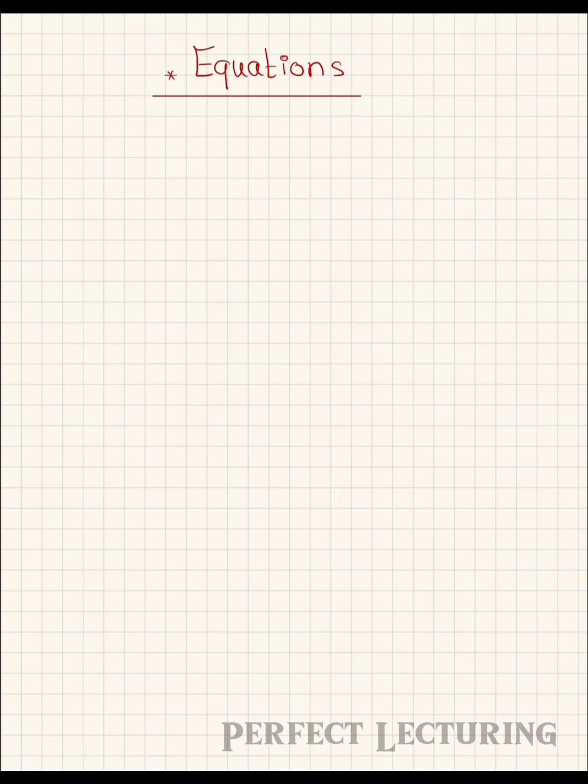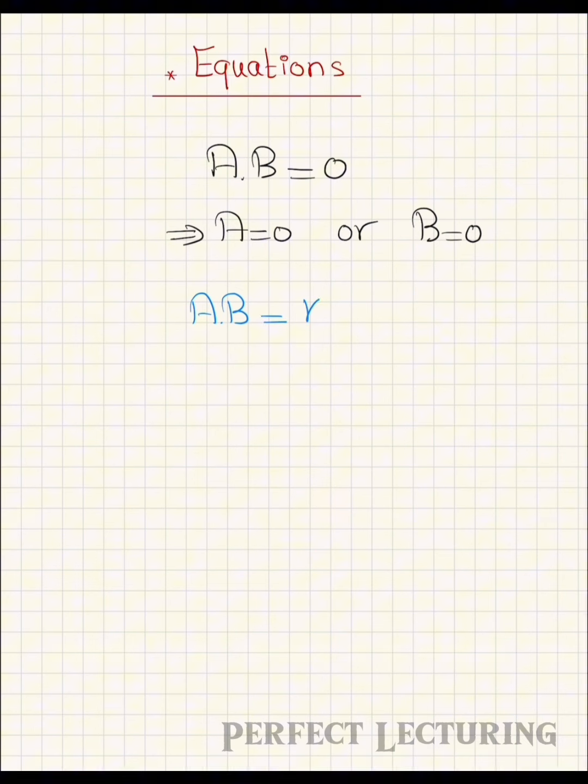The next mistake is in equations. So if we have a times b is equal to 0, if I multiply two factors and the answer is 0, then of course either a is equal to 0 or b is equal to 0. However, if a times b is equal to some k which is not equal to 0, I cannot say that either a is equal to k or b is equal to k. That is wrong.